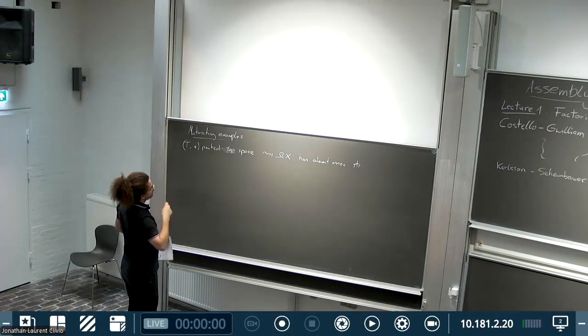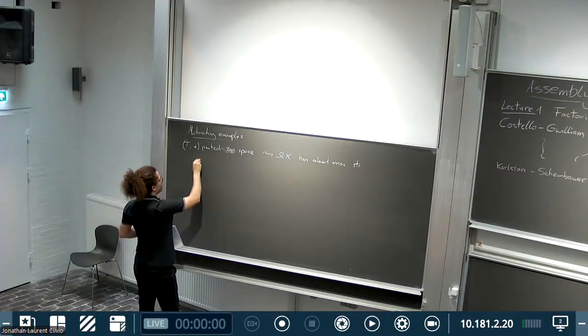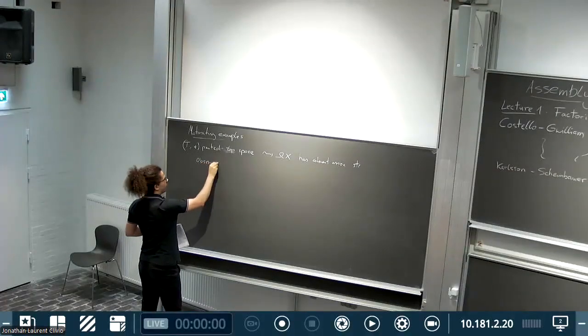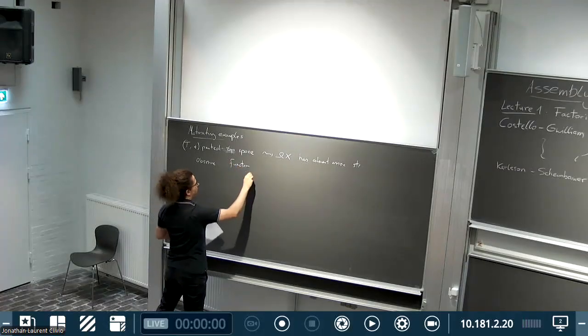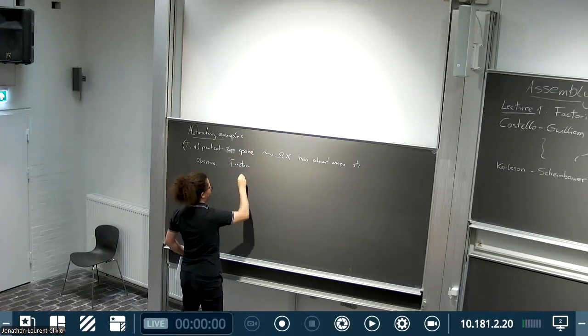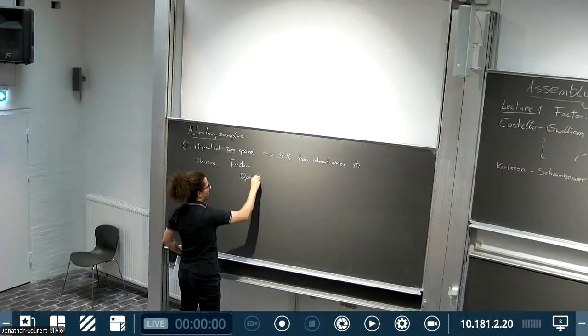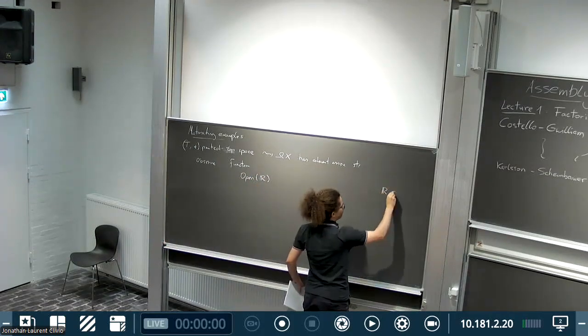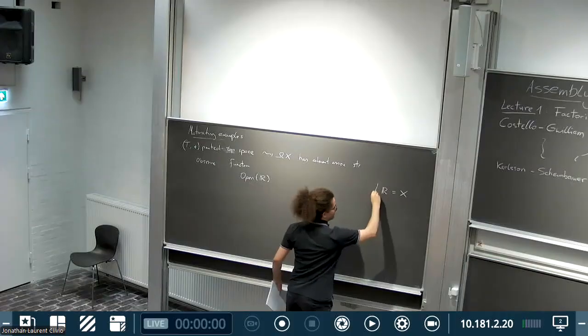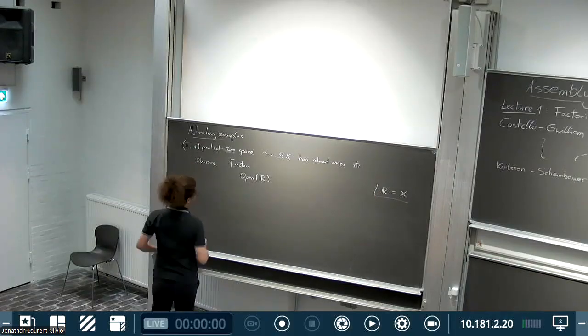So one way to make this precise is to observe that one has a functor that goes from the opens of R. And this R will take the role of what later will be my X's, which is why I didn't want to use the same letter here.